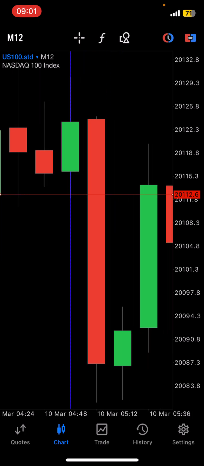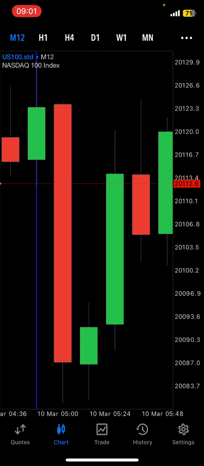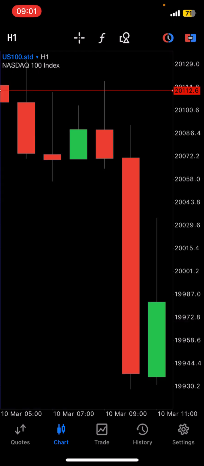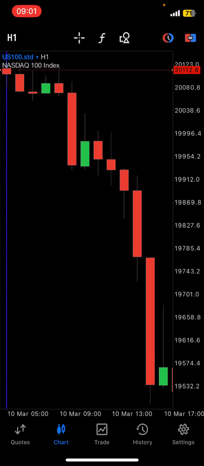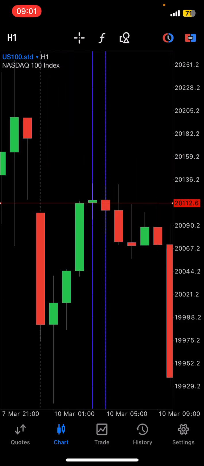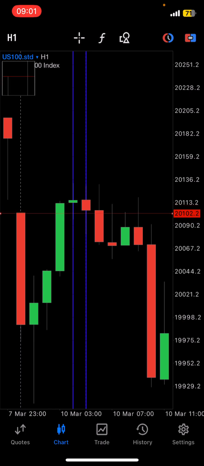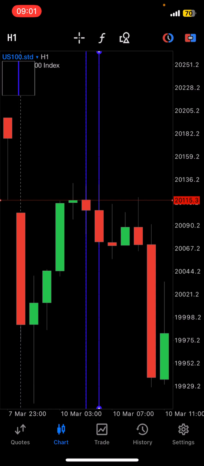So now we go to the next candlestick. Which is this one. It opened right here, and then this, we'll put it right there.